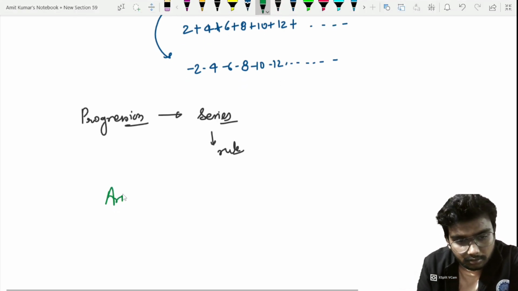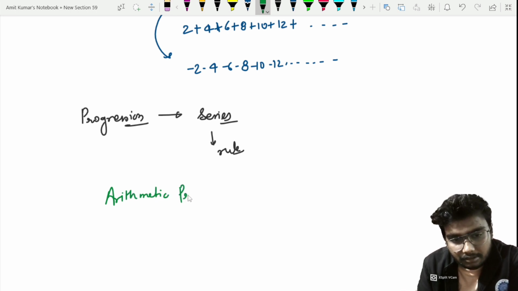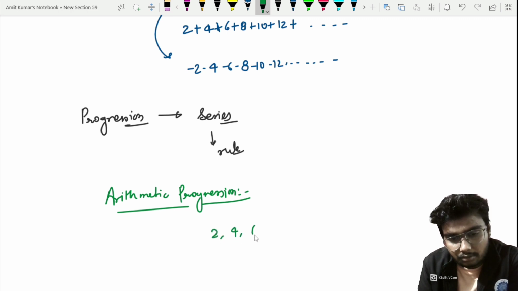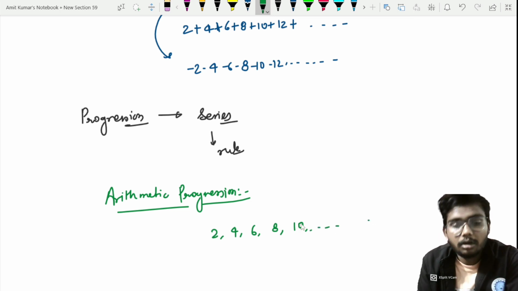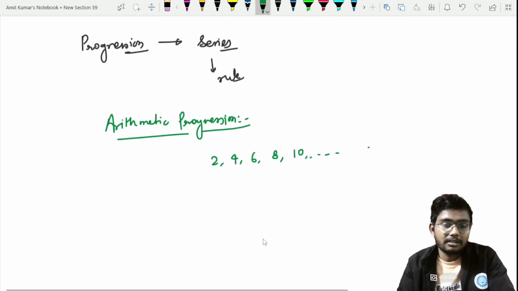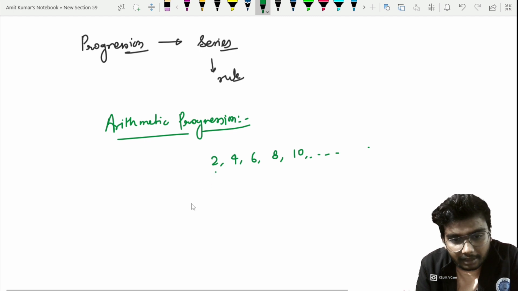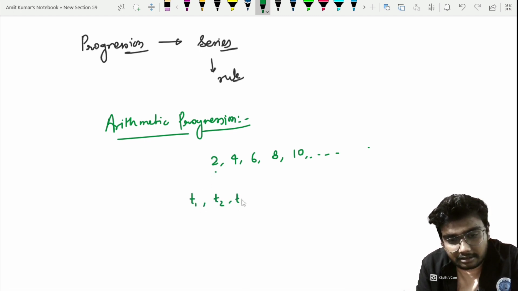So what will happen in arithmetic progression? Let's take an example: 2, 4, 6, 8, 10. Now we can see that this is our T1, T2, T3, T4, T5, a sequence that is given to us.